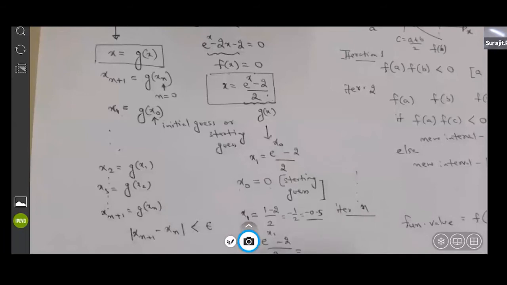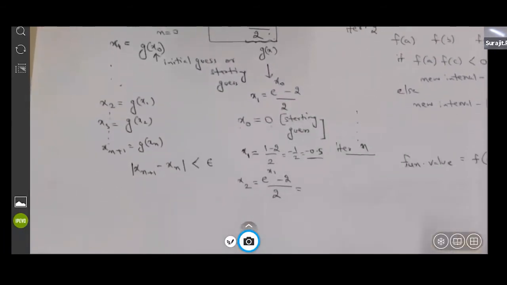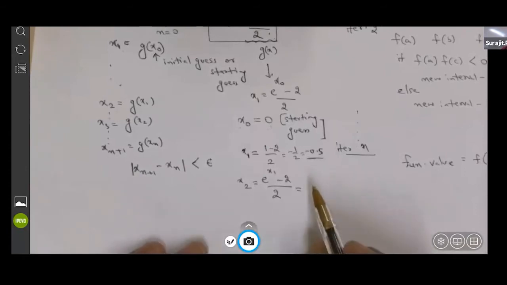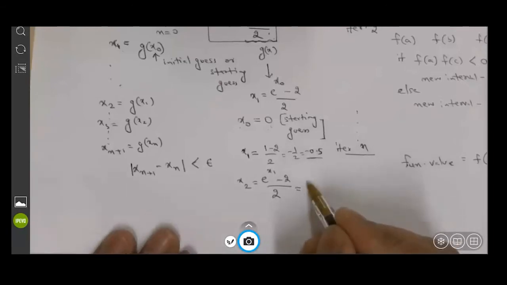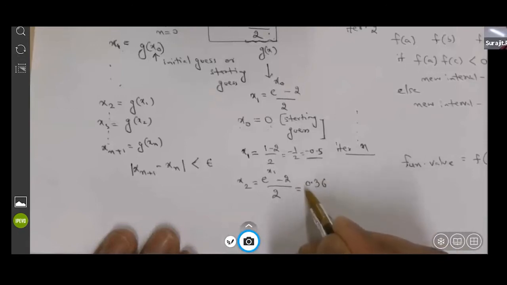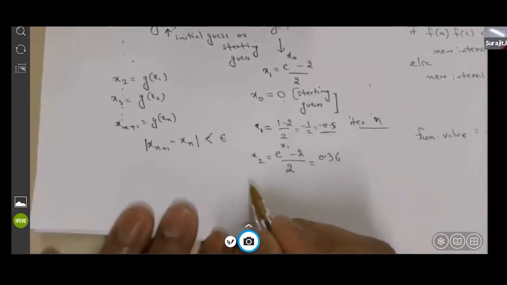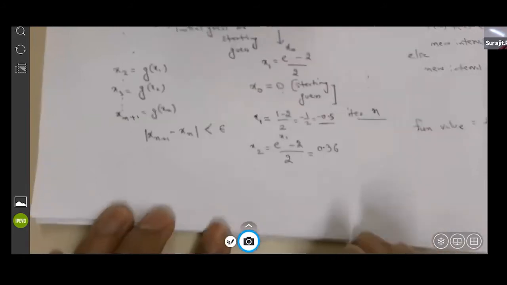What will be x2? 0.36. Negative or positive? Positive.